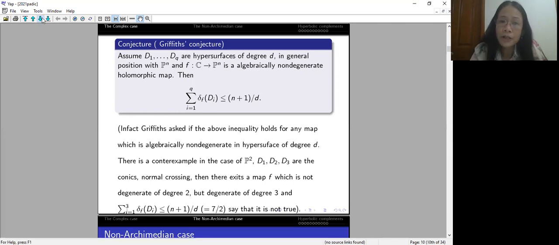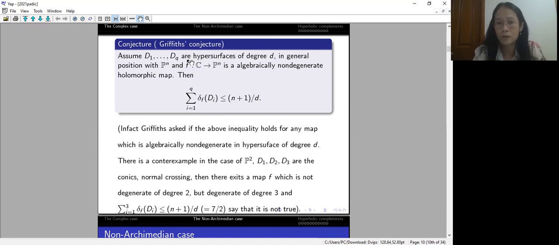So there is one conjecture given by Griffiths. He says that if D1 to DQ are hypersurfaces of degree d, of course we can take all of them with different degrees, and after a change of degree we can assume that they have the same degree, and they stay in general position in P^n, then the bound should be n plus 1 divided by the degree of the hypersurfaces.